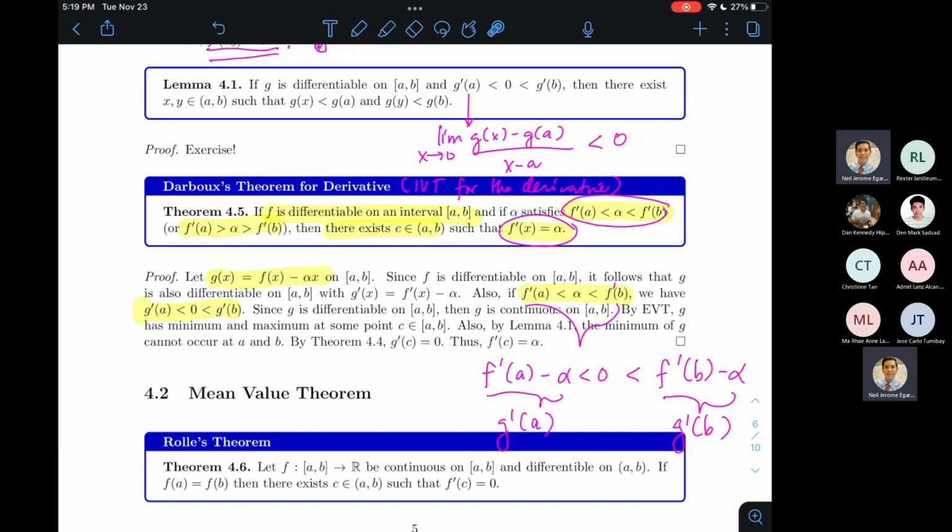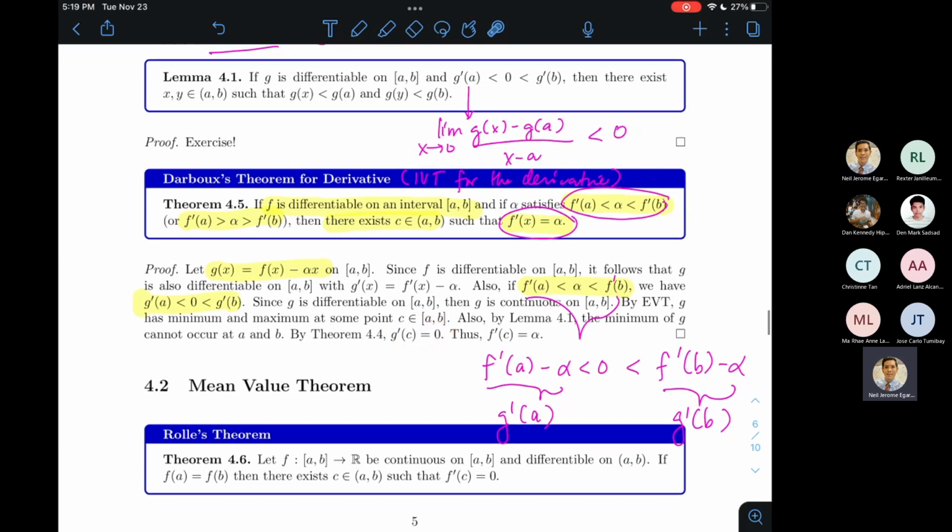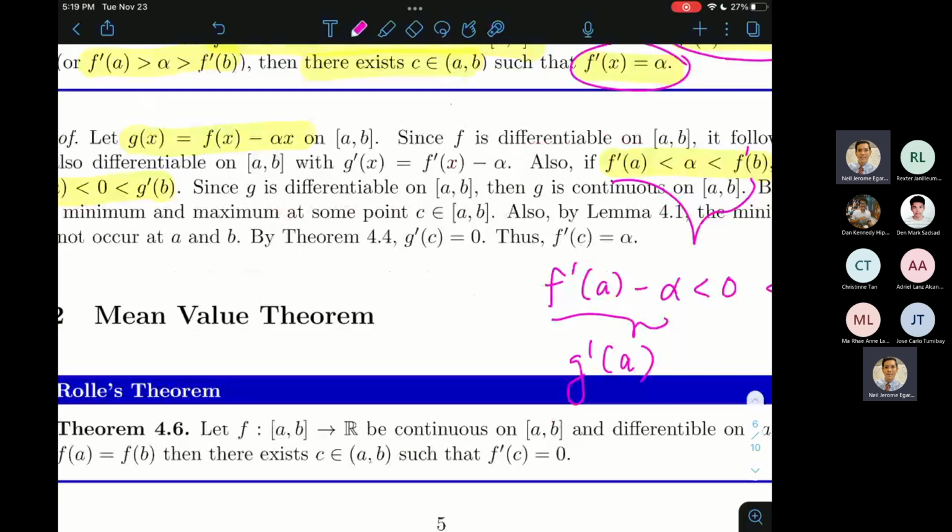At by Fermat's theorem, yung interior extremum theorem, kapag meron kang minimum sa number C, dapat yung derivative kay number C ay equal kay 0. Okay? Now, G prime of C is equal to 0, but G prime of C is equal to f prime of C minus alpha equal to 0.